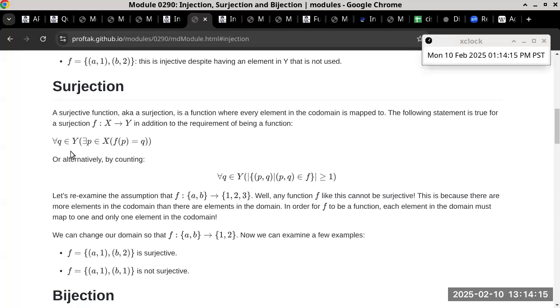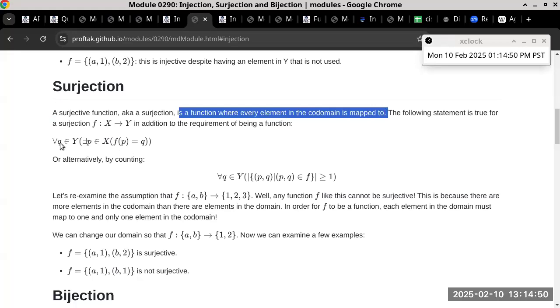So we are looking at this particular statement here. What is it saying? We have to interpret what this is saying. It is saying for every Q as a member of the codomain, there exists a P in the domain such that f of P equals Q. That's all it says, and that expresses the same thing as the natural language description earlier, which I can highlight: a function where every element in the codomain is mapped to.